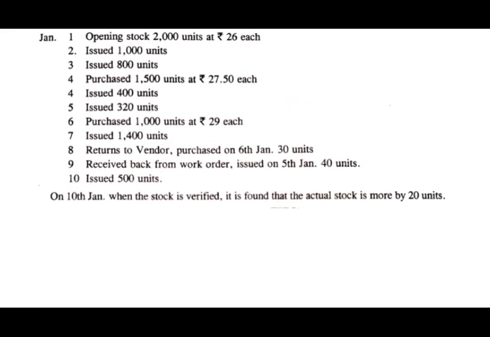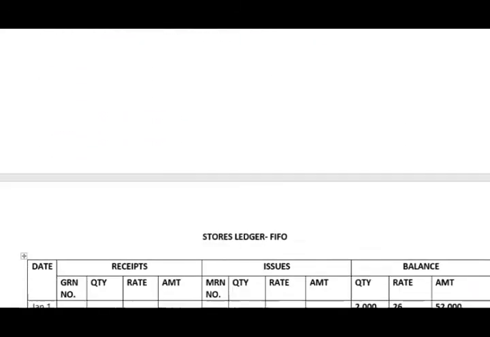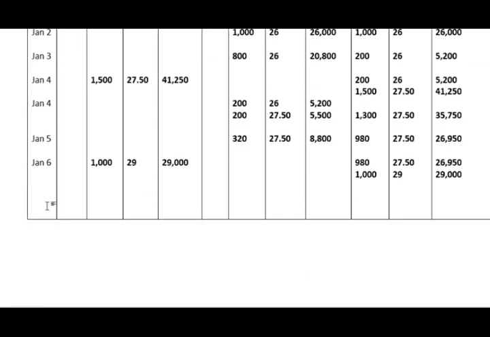Next, an issue of 1,400 units on January 7. So we have two lots, 980 and 1,000. As per the FIFO principle, we will first take this lot of 980.